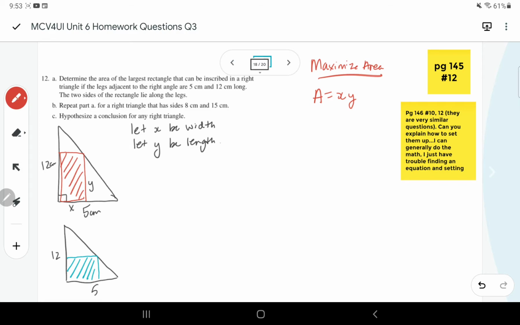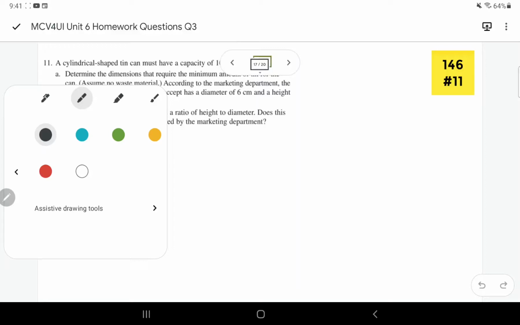So now the tricky part here is figuring out what's a relationship between this x and y where we would have something to sub in and eliminate one of those variables over there. So there's two good, very different solutions of how I would see this.